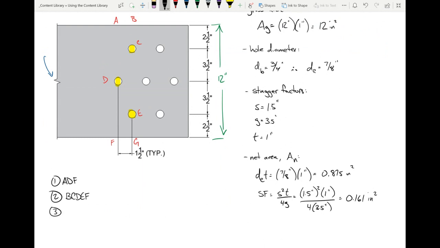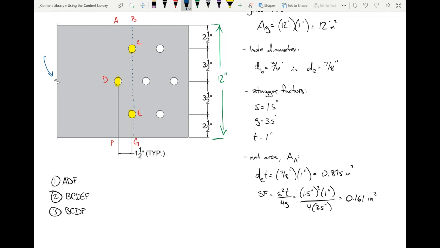Do we have another one? B, C, D, F. Is there another one? B, C, all right. Now, I want to talk about B, C, E, G for a second. I want to talk about that.